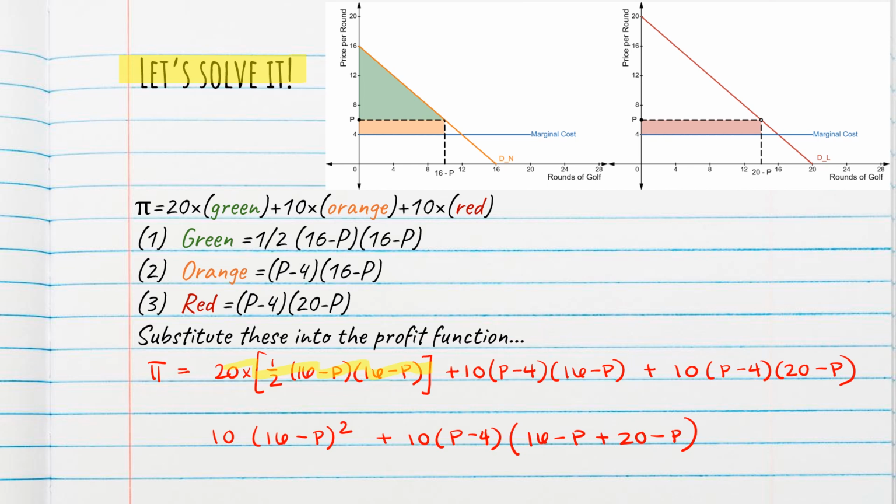We're going to do one last thing. Notice that both of these terms have a 10 in front of them. So I'm going to factor that all the way out. And I'm going to write profit as 10 times 16 minus P all squared plus P minus 4 times whatever all this is simplified. Well, that's 36 minus 2P.